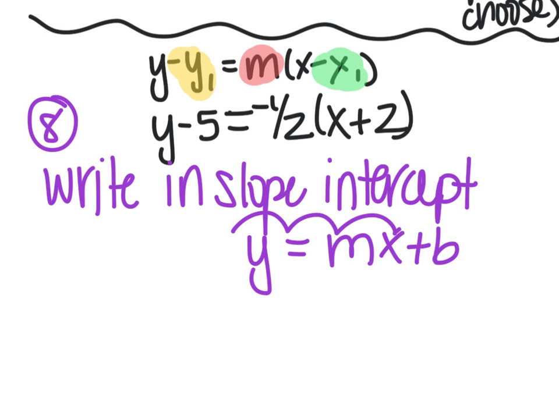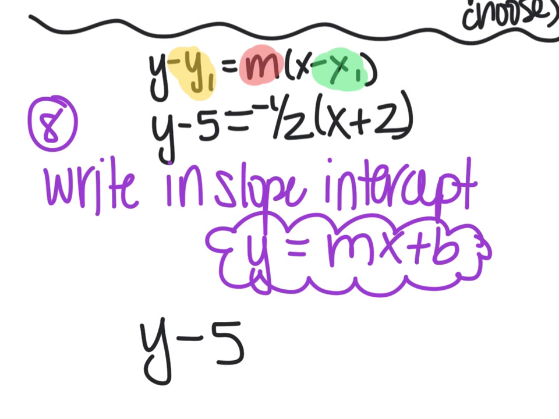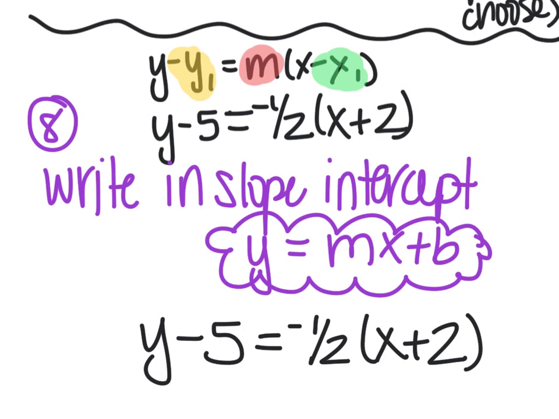That's what we need to get this into, y equals mx plus b form. Well, in order to do that, I have to take my equation, y minus 5 equals -1/2 times x plus 2, and I need to solve this equation for y, which means I need y's on one side and everything else on the other.